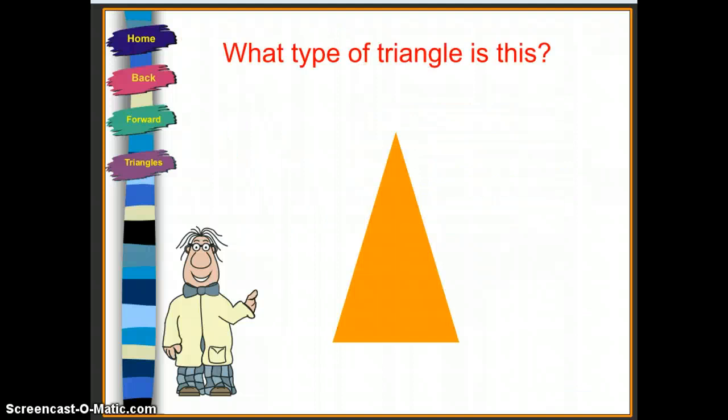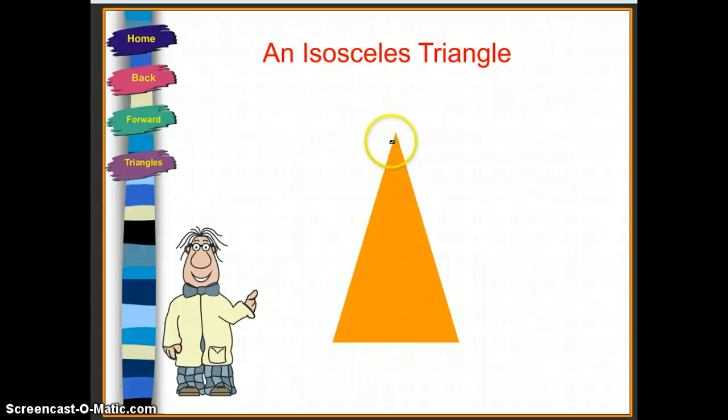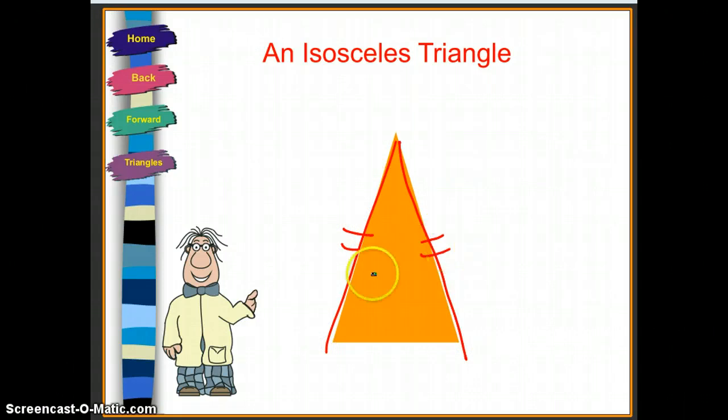This one here is called an isosceles triangle. And what happens with an isosceles triangle is this length here and that length there are the same. So this angle here and that angle there are the same. Okay?